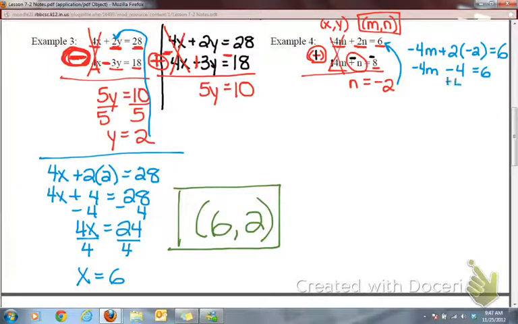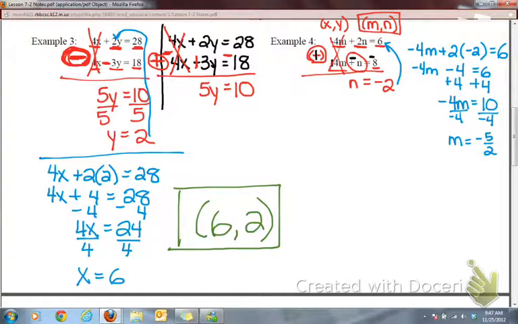Add 4 to both sides: negative 4m equals 10. Then divide by negative 4. Well, 4 doesn't go into 10, but you just want to reduce that fraction, so it would be negative 5 over 2. Just leave it improper, no need to put it as a mixed number. Just make sure it's reduced. You don't want to leave it as 10 over negative 4. You want to reduce it to negative 5 over 2.